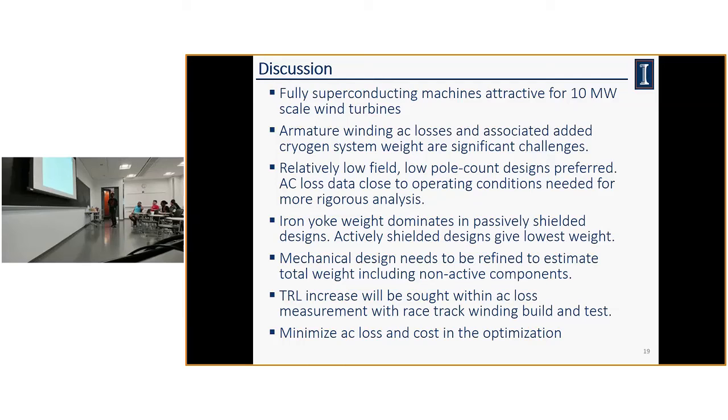All of these studies so far, I was trying to minimize the AC losses and weight. Now I'm trying to look at minimizing the AC losses and the cost of the machine, to see how it's going to look.